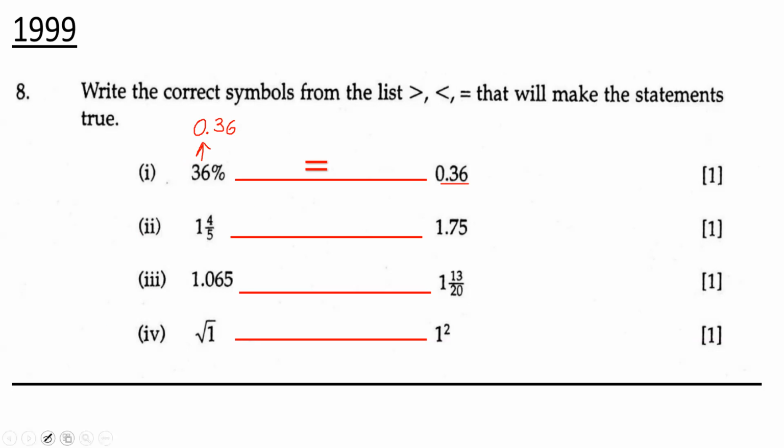All right, now let's move on to the next question, or the next part. We have 1 and 4 over 5, and then we have 1.75. And so which one is bigger, less, are they equal? What's happening here?